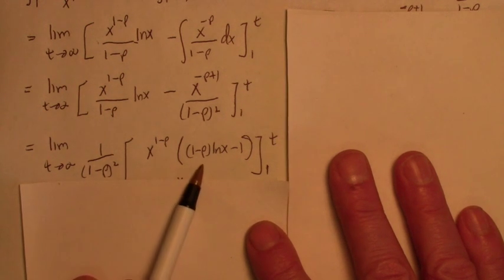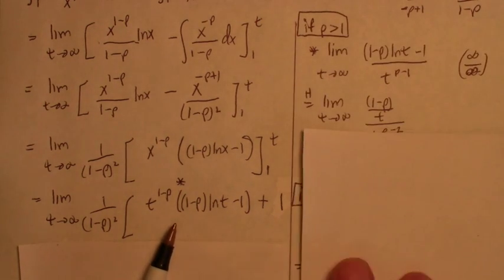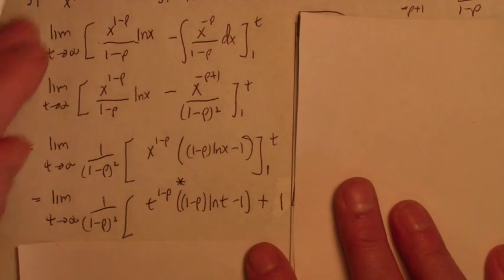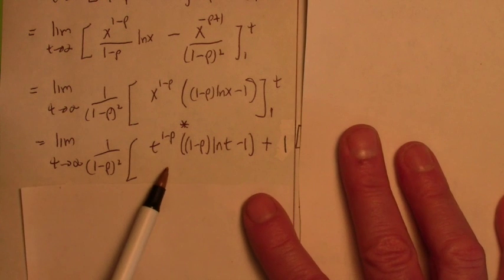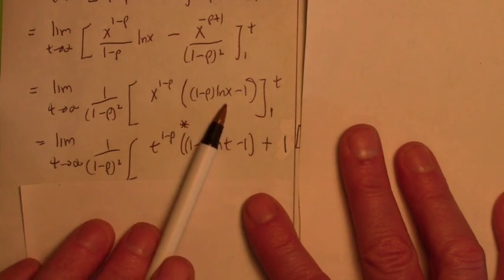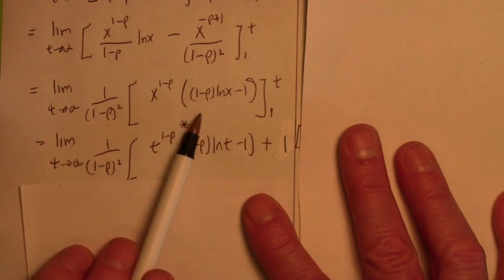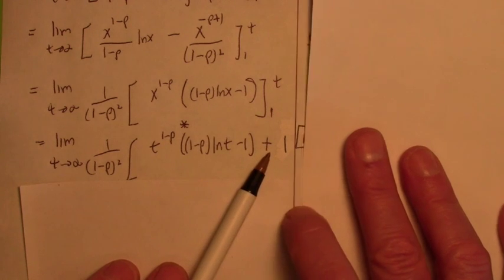So when t goes to infinity, it depends on what p is. I plugged in t, and I plugged in 1. When you plug in 1, it simplifies because this term is 0, this becomes 1 and this becomes 0, so you just get minus a negative 1, which is plus 1.